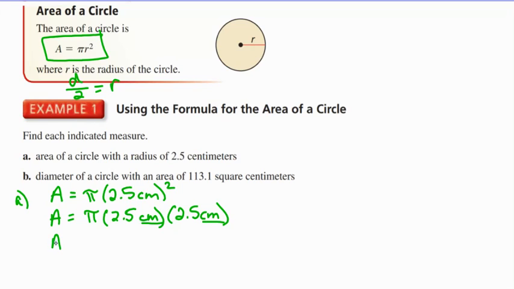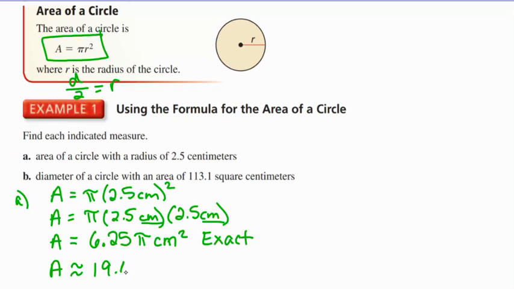So you could have an exact answer of 6.25 pi, because I multiplied 2.5 times 2.5, keeping the pi separate, centimeters squared. Or you could have the area is approximately 19.63 centimeters squared.